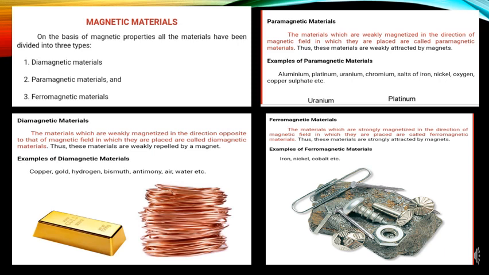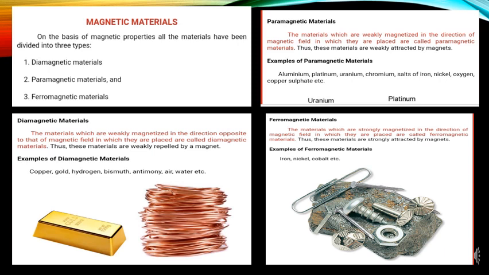On the basis of magnetic properties, all the materials have been divided into three types, and those types are diamagnetic materials, paramagnetic materials and ferromagnetic materials. What are these diamagnetic materials? The materials which are weakly magnetized in the direction opposite to that of the magnetic field in which they are placed are called diamagnetic materials.